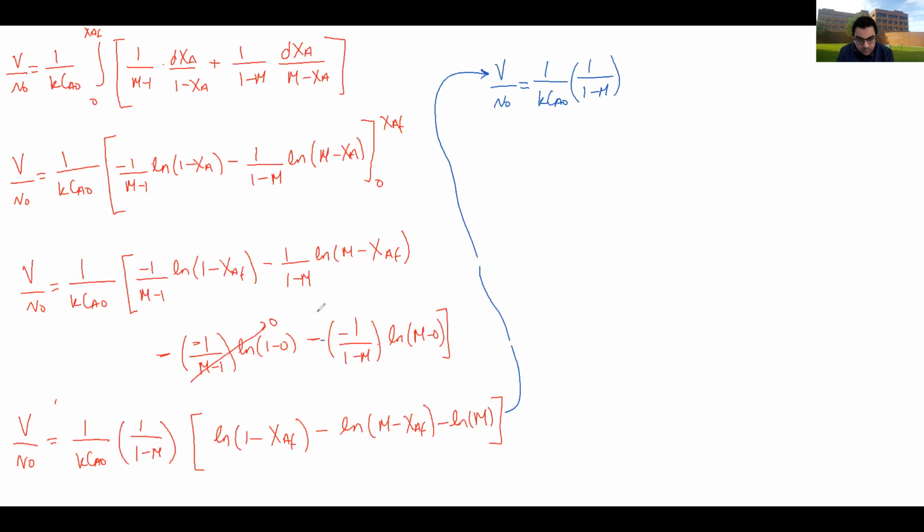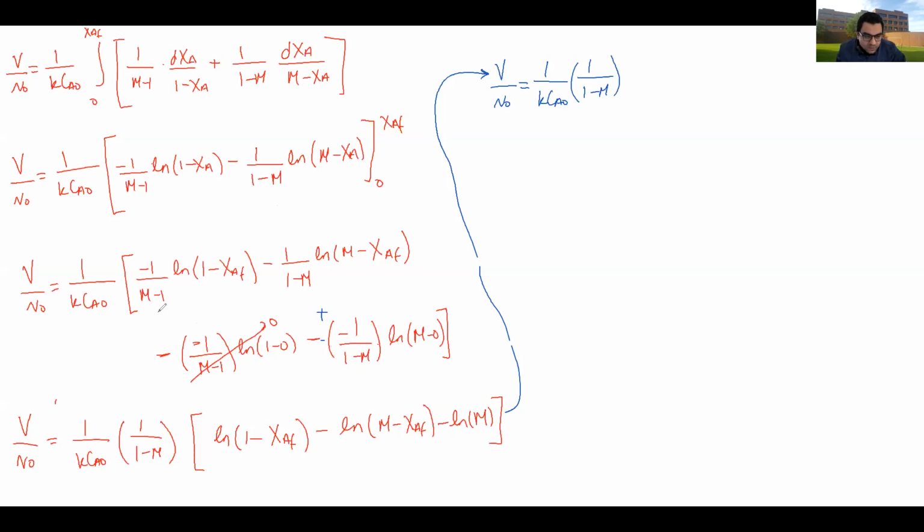So this is going to be a plus. Wait, is this correct? One second. Let's just double check what we're doing here. Minus 1 over 1 minus M. Minus 1 over M minus 1 minus 1 over 1 minus M.